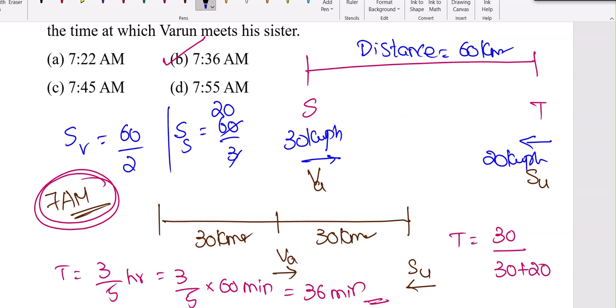At 7 a.m., everybody can say. Both have a 2 hour journey, both start at 6, so we can say that easily. But here they started at different timings. And that too, both journeys take different times. Varun can complete it in 2 hours, but Suman can complete it in 3 hours. So there is an issue, right?